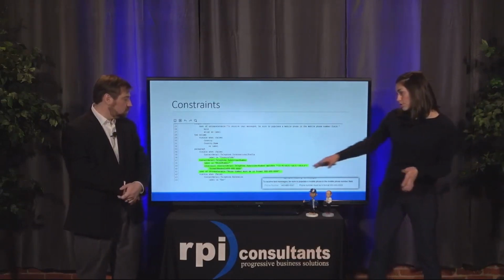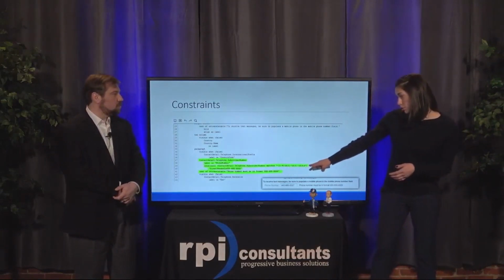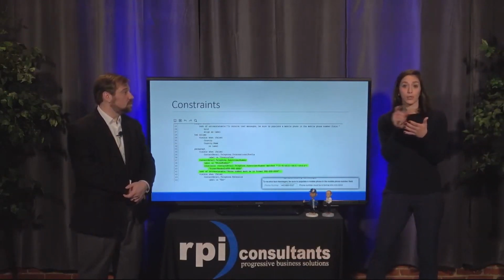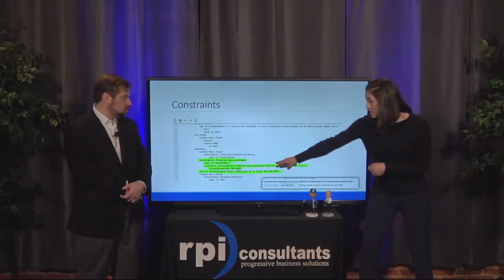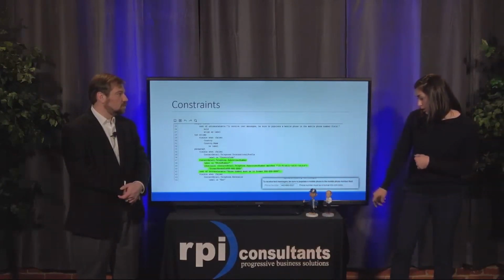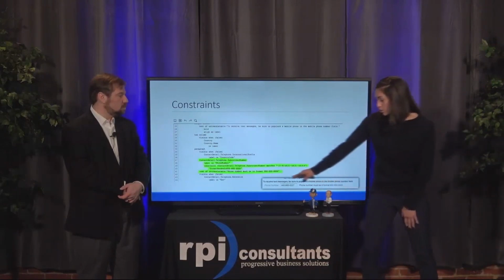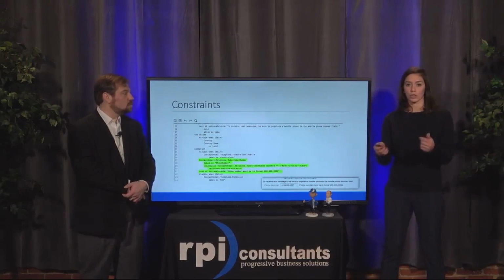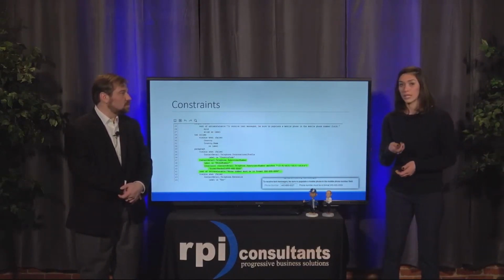Here, if we use this constraint, when they click out of it, it's going to put those dashes in there for them. So when the employee puts that number in, it's going to force them to have the dashes in between each set of numbers. And then we've put a little bit of text in here just to let them know, hey, this is what it has to look like, so that there's no confusion around what they need to input there.